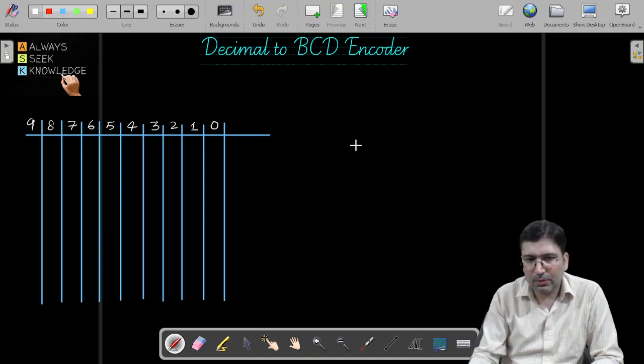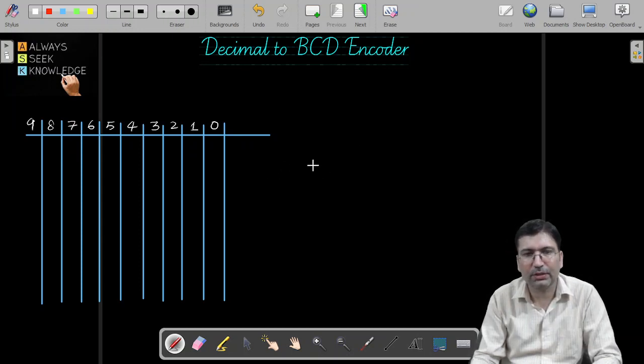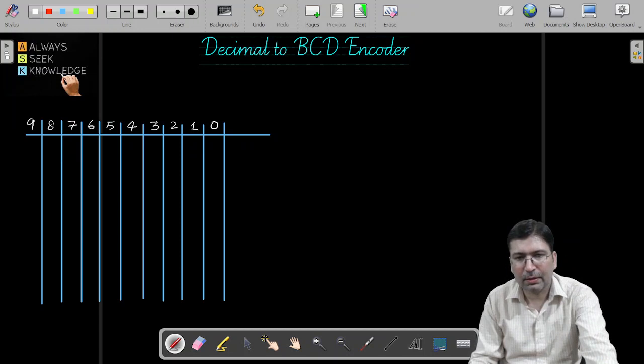Now we are converting into BCD. In order to convert decimal into BCD, we require 4 bits.